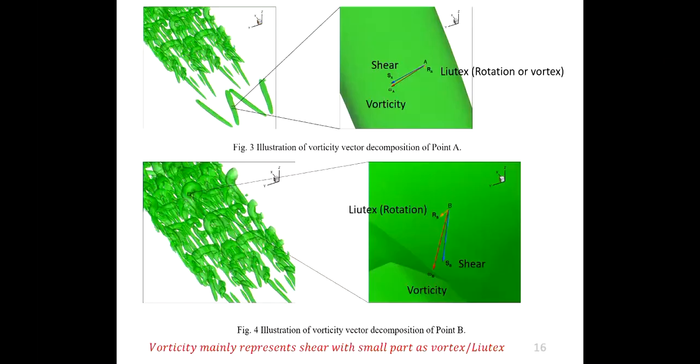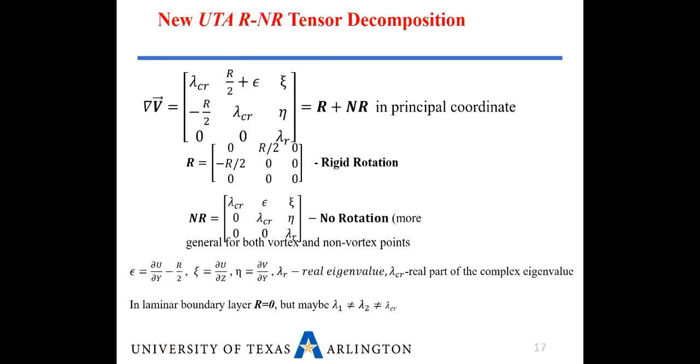Okay? And we say, well, this is exactly correct. Well, we could do another, we call it R and NR decomposition. This is also not a triple decomposition, it's a two-part decomposition. This part just takes the rotation part out, and the non-rotation. Now, what is meaningful? Well, only in turbulence do we talk about rotation.